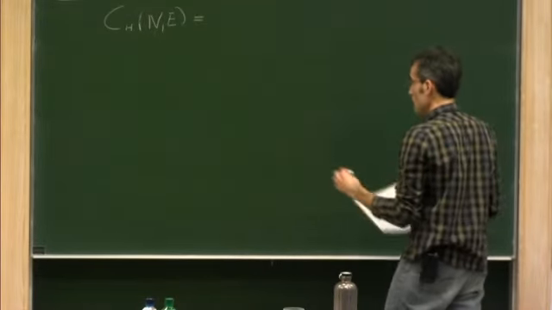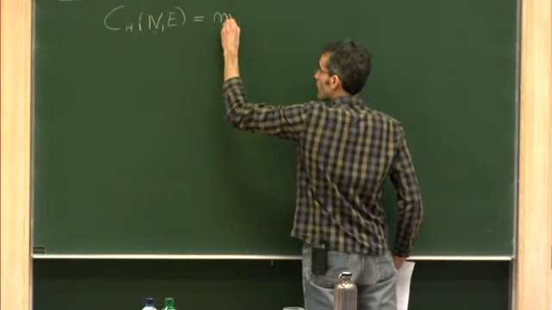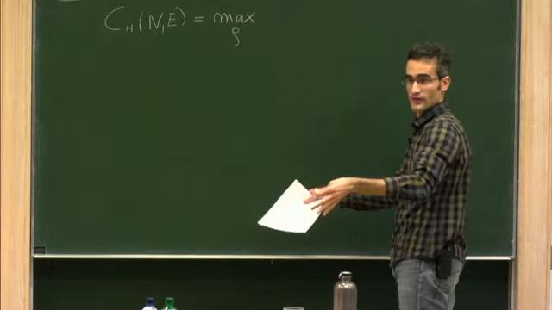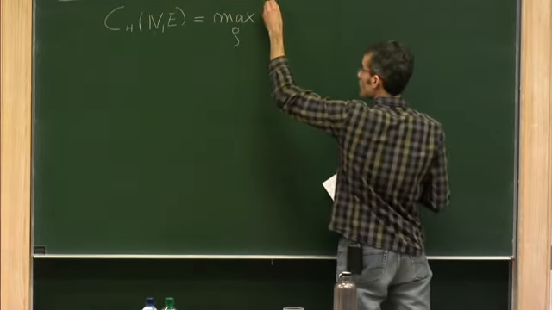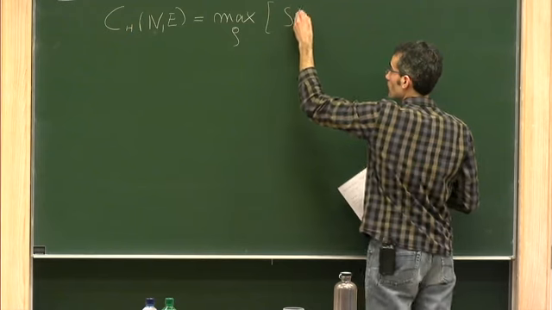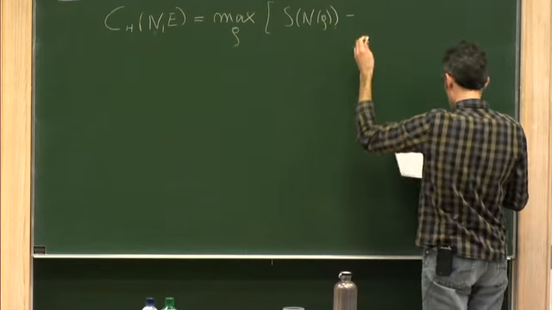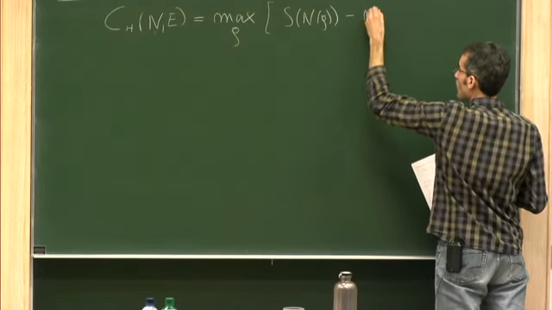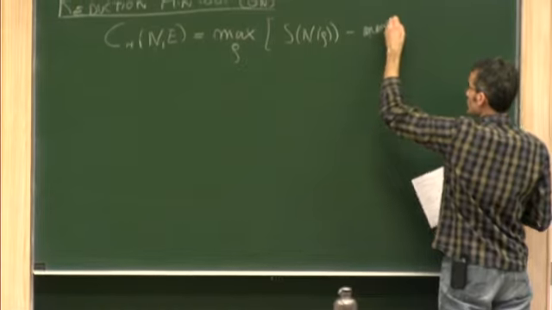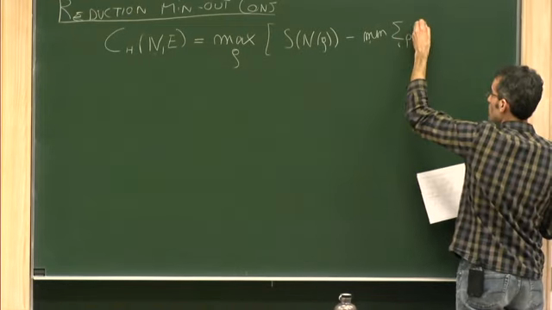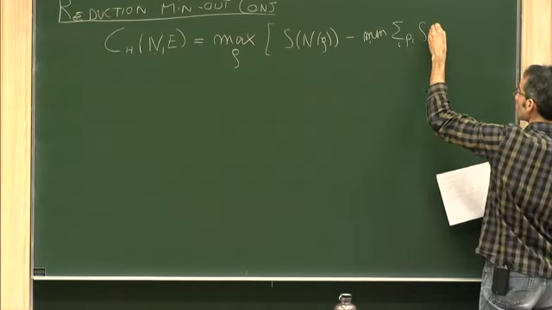And then what you have is, you maximize over the average input to the channel the following quantity: the von Neumann entropy of the average output, minus some minimization of the average output entropies, okay?